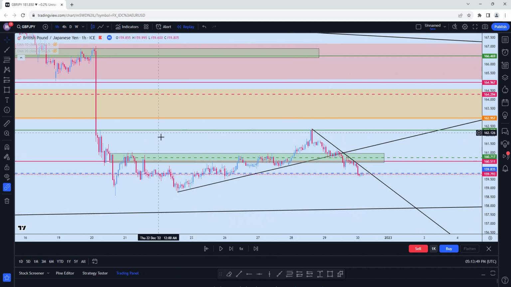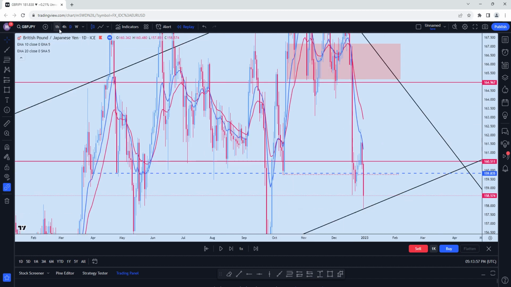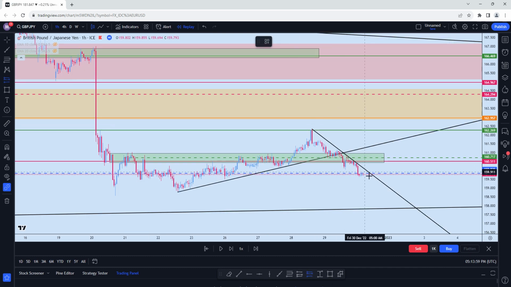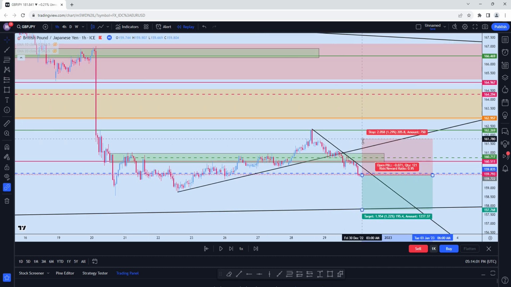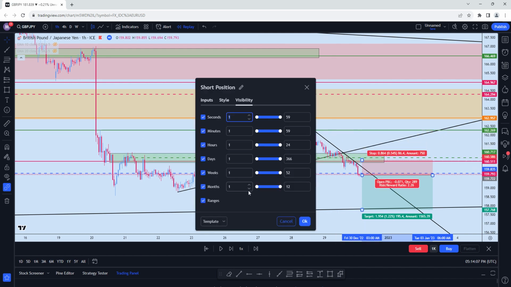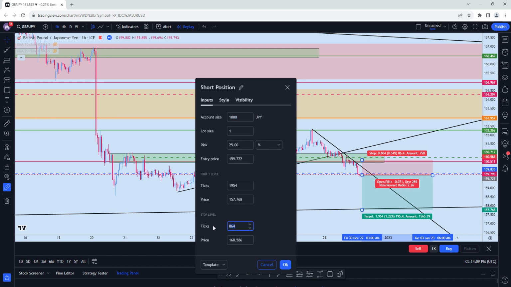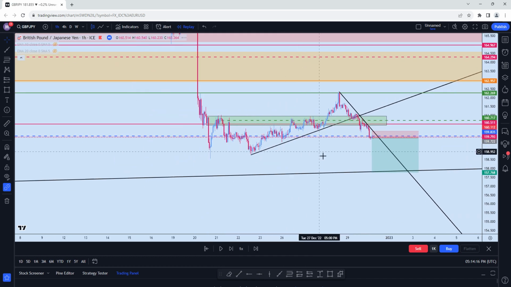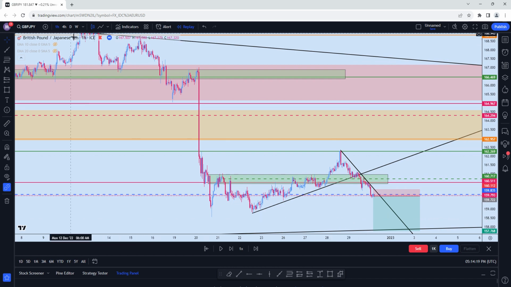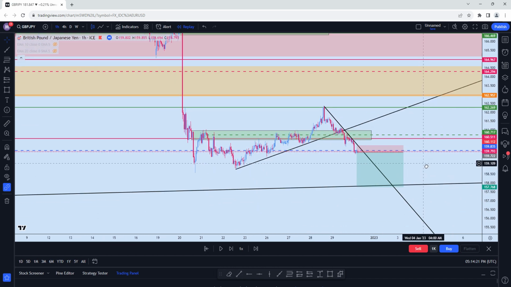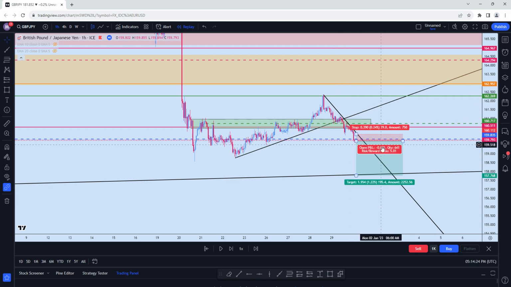It's got to here, down, resistance. Is the SFP still holding? Look up here.